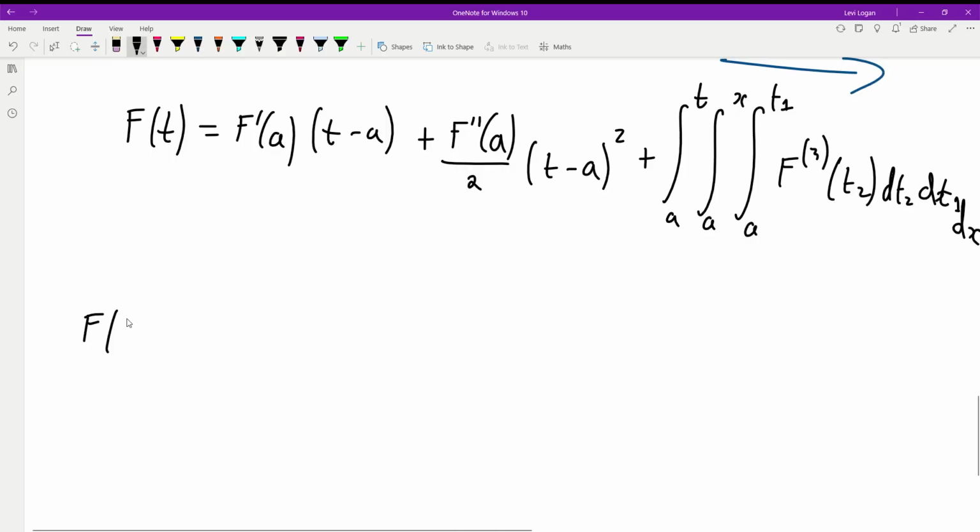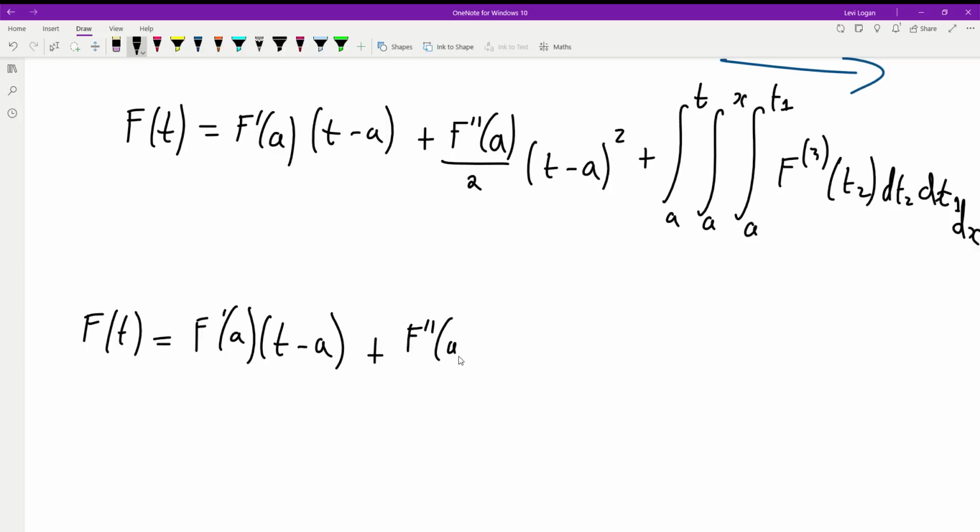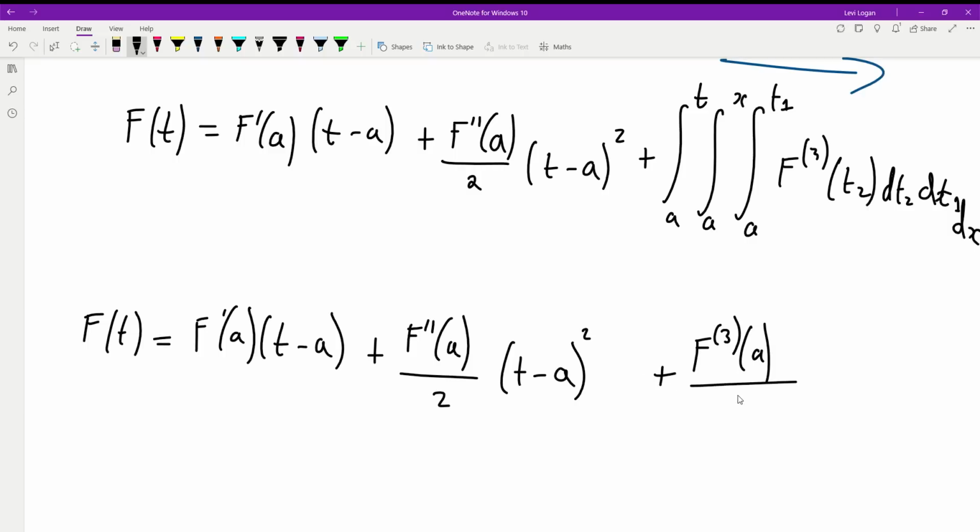We'll get f of t equals f dash of a multiplied by t minus a plus f double dash of a on 2 multiplied by t minus a squared plus the third derivative, so f of 3 up here, a on 6 times t minus a to the power of 3.